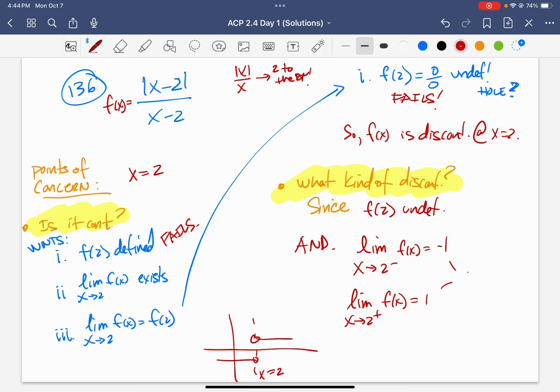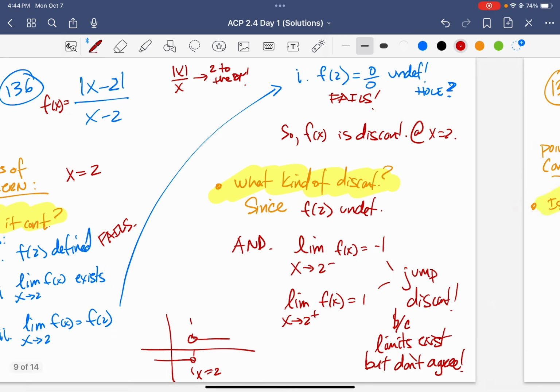So this means we have a jump discontinuity, because both of the limits exist and they do not agree. That's why we have a jump. Awesome.